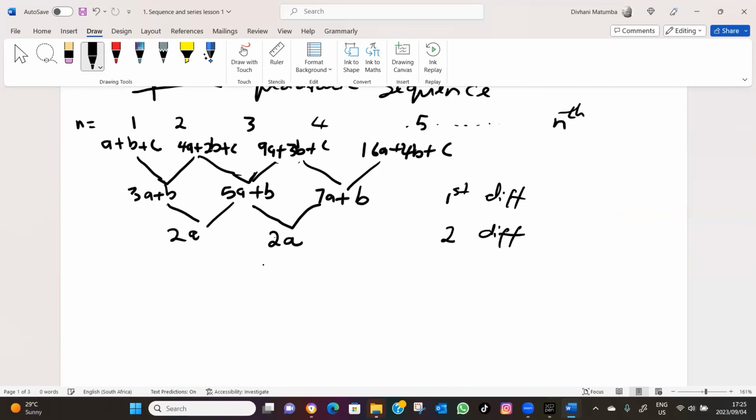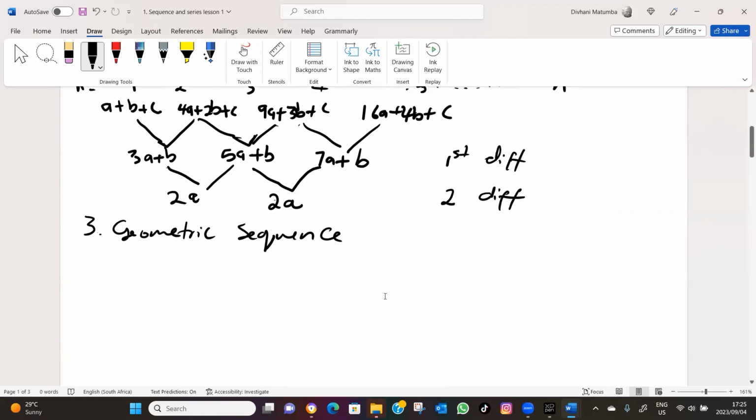Number 3, geometric sequence. Now, geometric sequence, just like any other sequence, is a function, as I have explained.